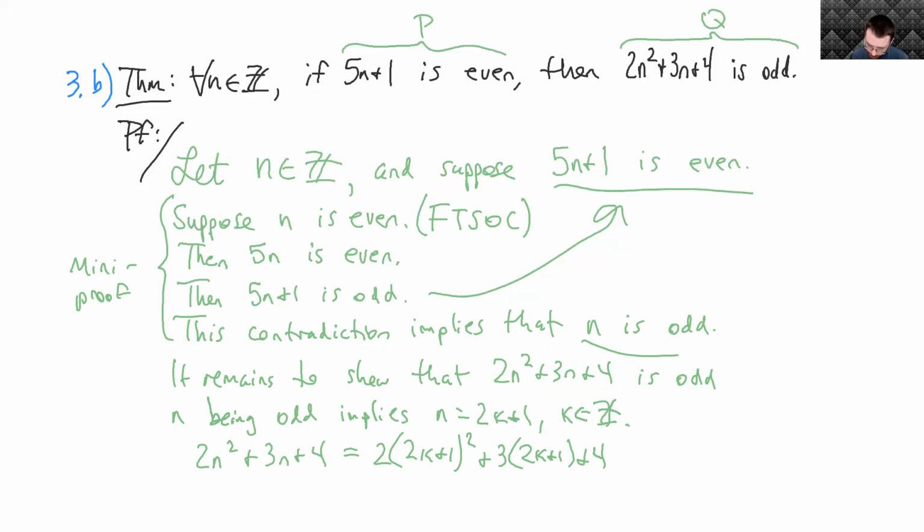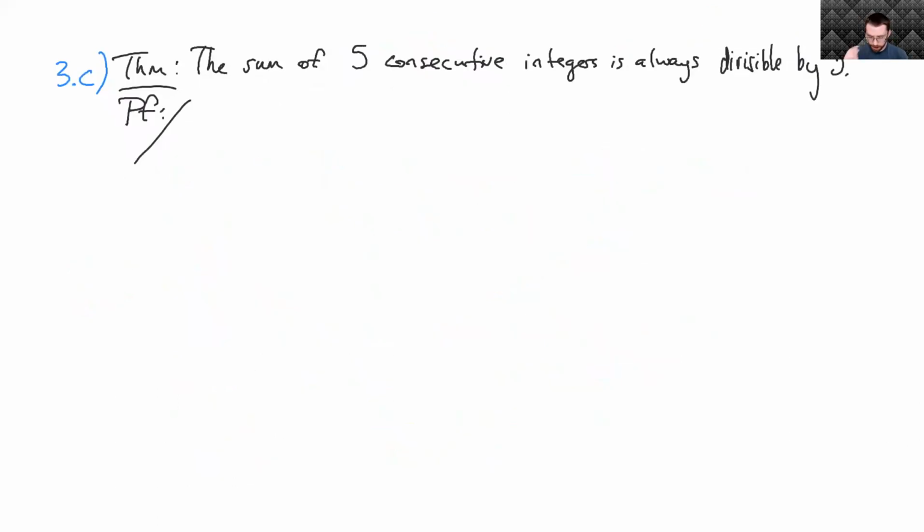All right, so skipping ahead. We're just doing a blitzkrieg at this point. This is a fun one. The sum of 5 consecutive integers is always divisible by 5. Okay, the way I would start this, they don't tell us what particular integers we're working with, right? So that's a little weird, but I could just say let n be an integer, right? Because they're sort of saying for any n you pick, n plus the next 4 integers always has this property.